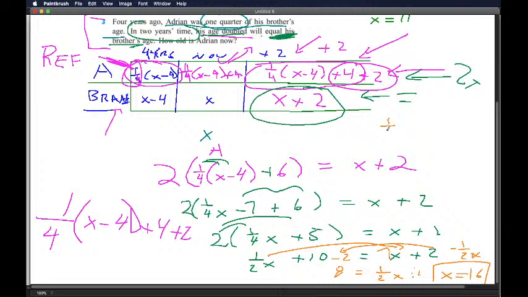So it's 1/4 times 16 minus 4 plus 4, right? 16 minus 4 is 12. 12 divided by 4 is 3 plus 4. And we get 7 here. That's what we should get.